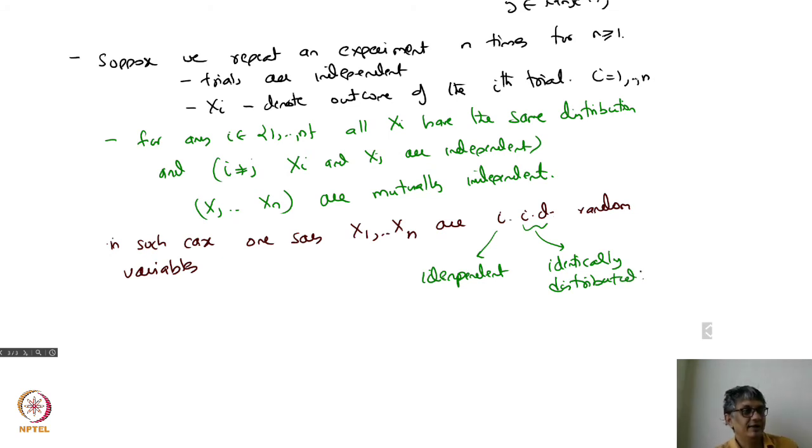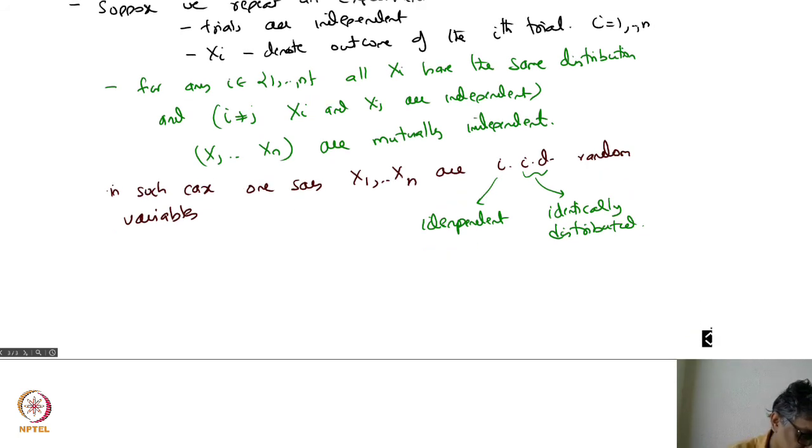So i.i.d. means independent and identically distributed. That means the random variables are independent and they have the same distribution. These are very interesting random variables; repeated trials can be thought of as i.i.d. random variables. And this abstraction allows you to do many interesting calculations.